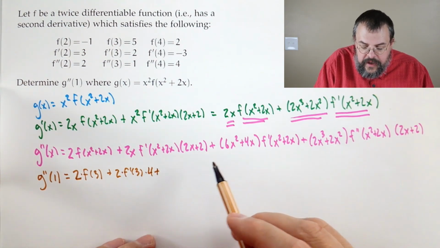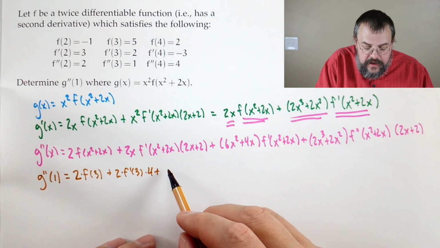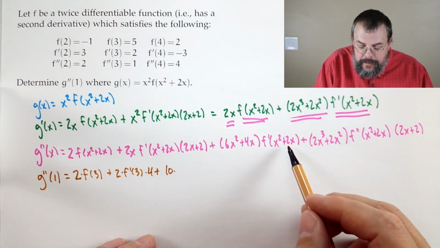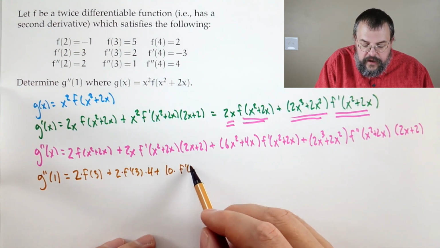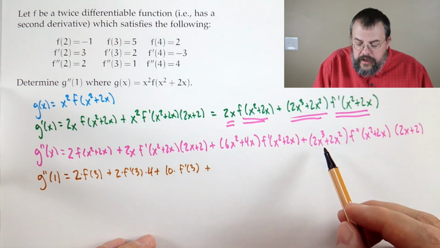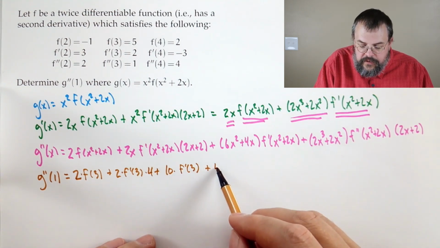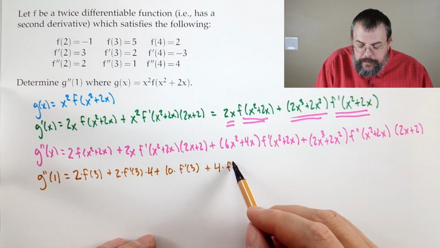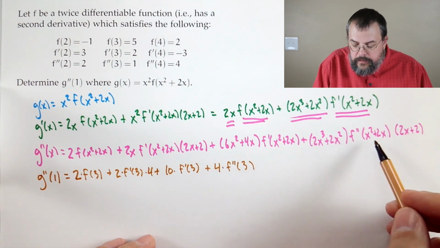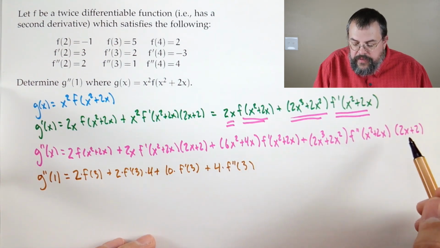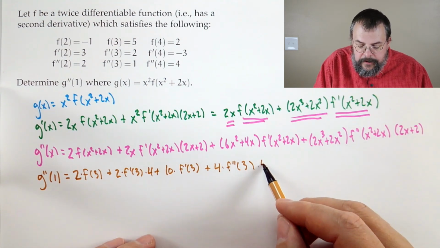Plus, and then here you have 10 times f prime of 3 plus, here you'll get 2 plus 2, which is 4, times f double prime of 3, because, again, x squared plus 2x is 3, times, and then you'll get 2 times 1 plus 2, which is another 4.